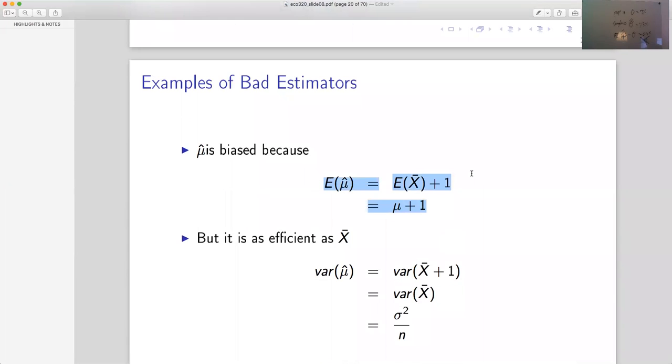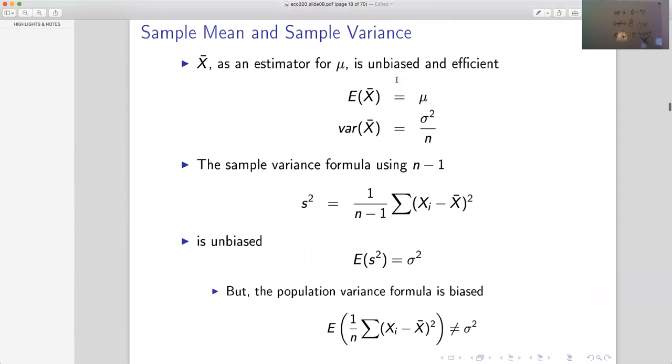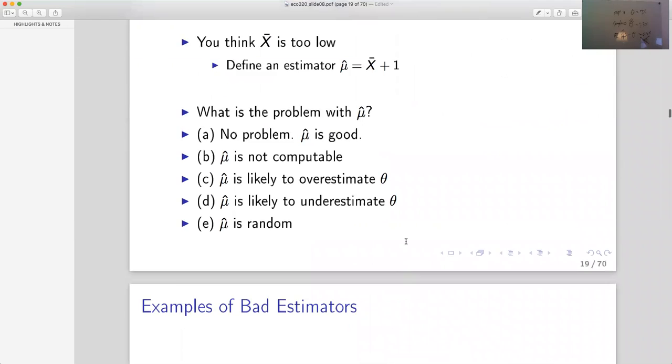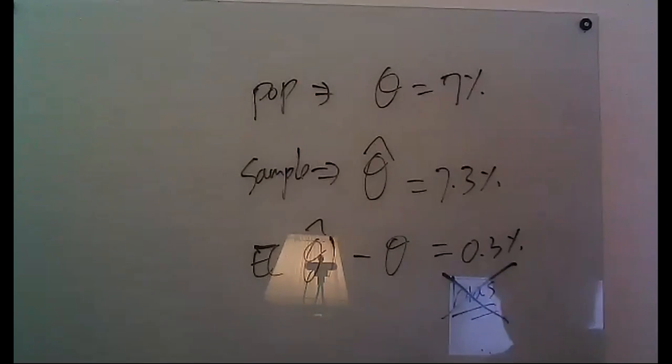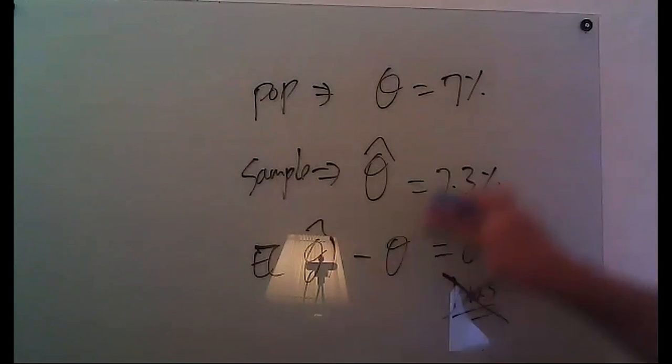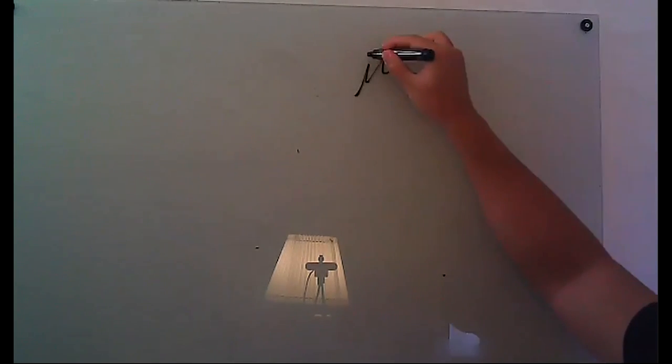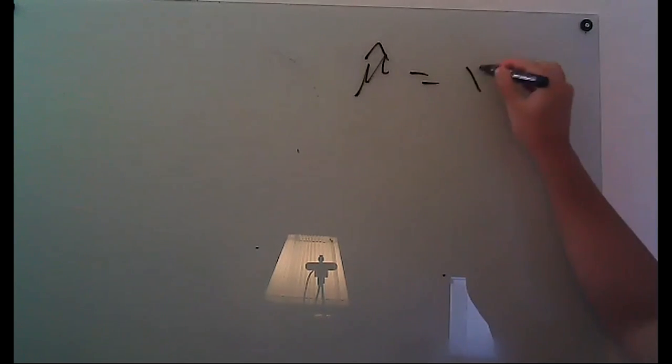The expected value of this mu hat equals the expected value of X bar plus 1, which is here because we know E of X bar equals mu. So you just plug in the math, and let me show you why. I said initially mu hat equals X bar plus 1.